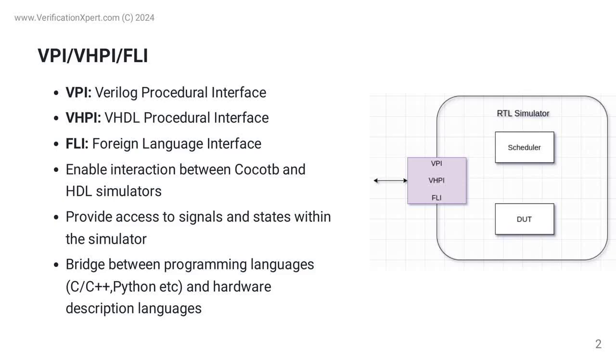These interfaces enable interaction between Cocotb and HDL simulators, providing access to signals and states within the simulator. Essentially, they act as bridges between programming languages like C, C++, and Python, and hardware description languages.